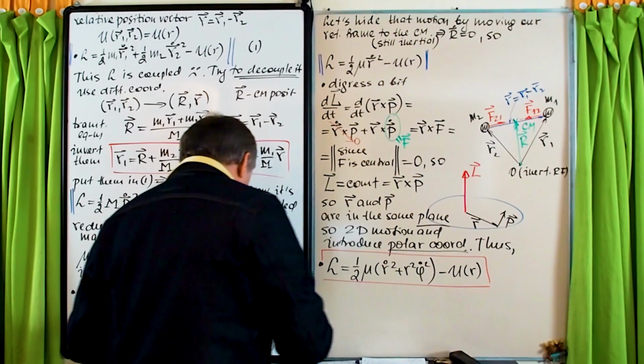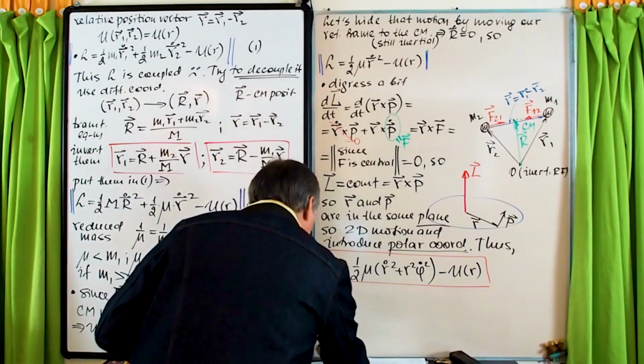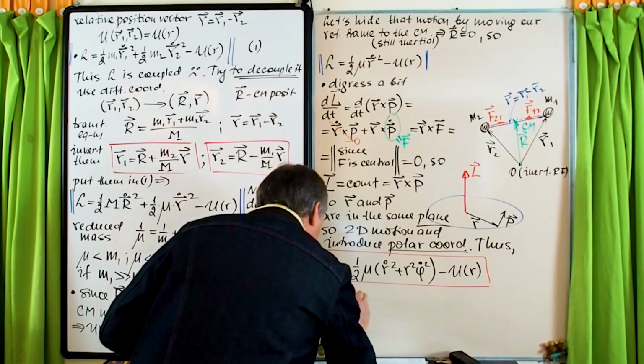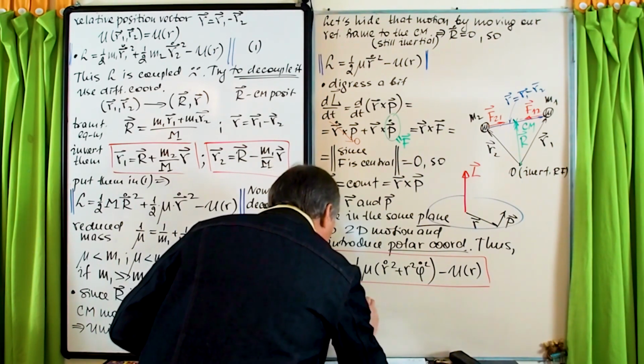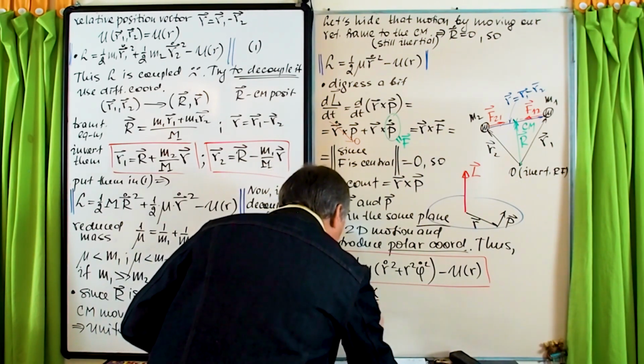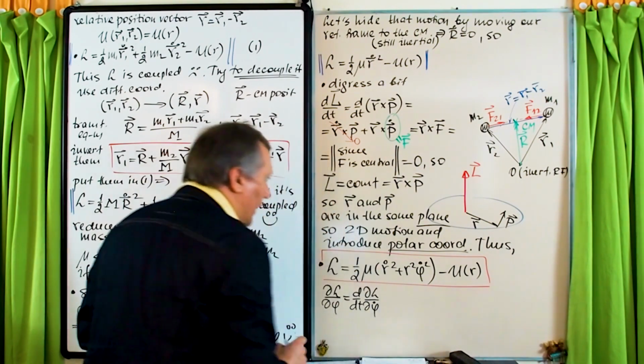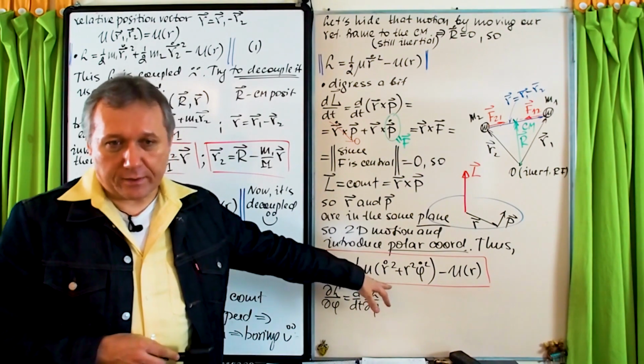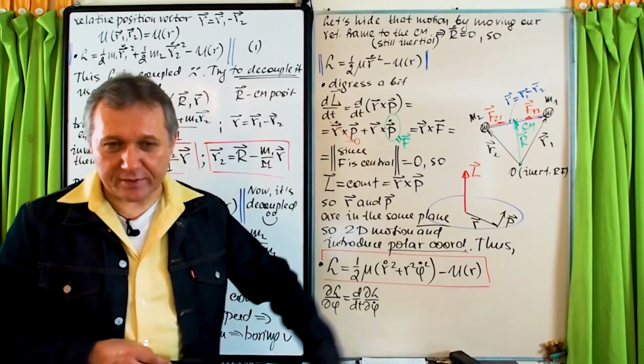So let's start probably with phi. The partial derivative of L with respect to phi equals d over dt of the partial derivative of L with respect to phi dot. Actually, I should have said immediately, phi is not explicitly present in the Lagrangian.